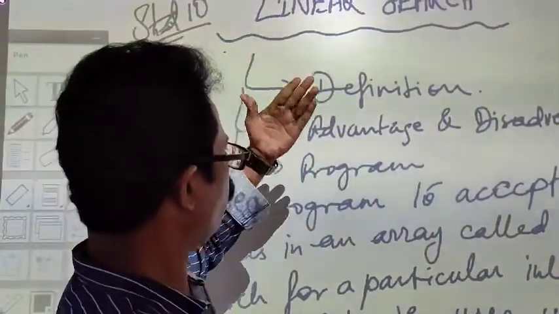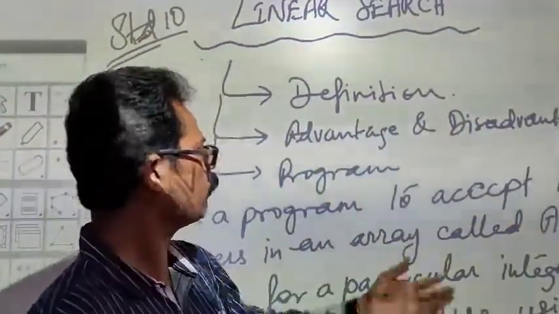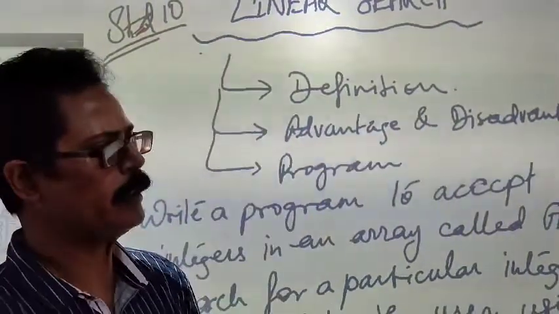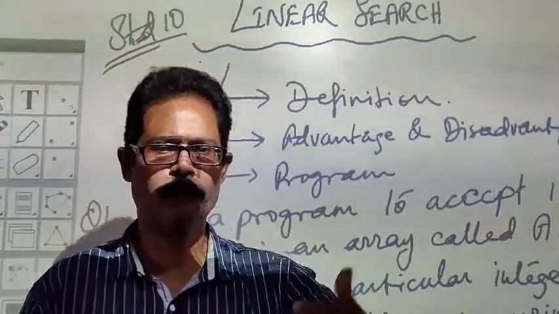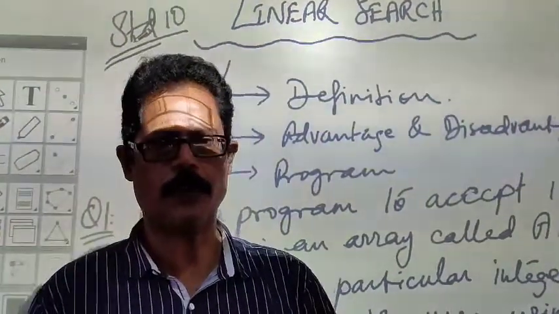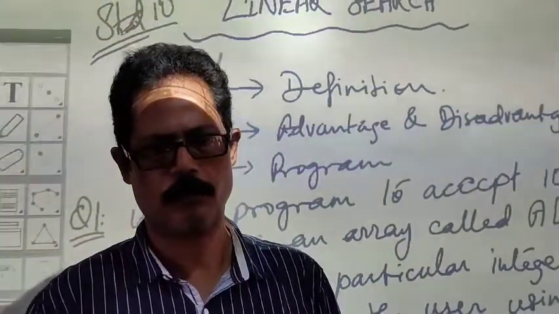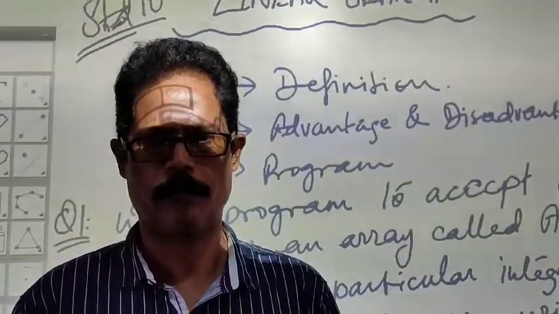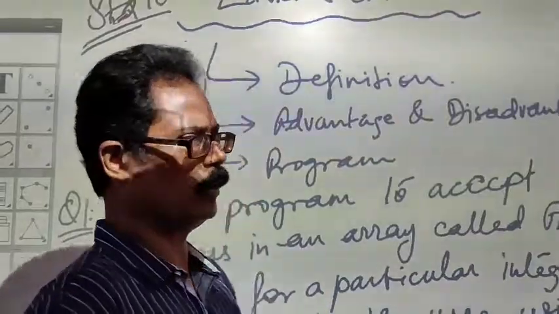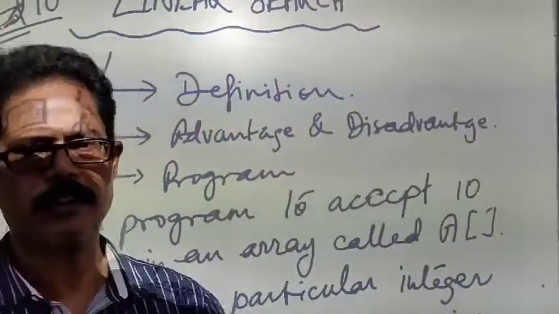One of the advantages of linear search is that it works in case of both sorted arrays as well as unsorted arrays. However, it has a demerit also. It is an inefficient searching technique.